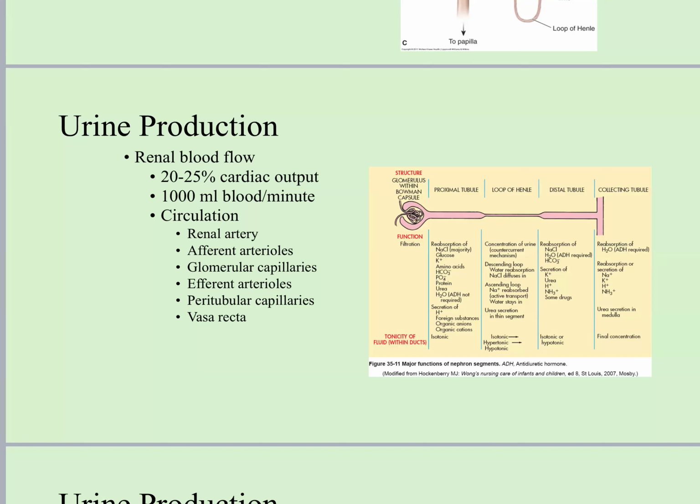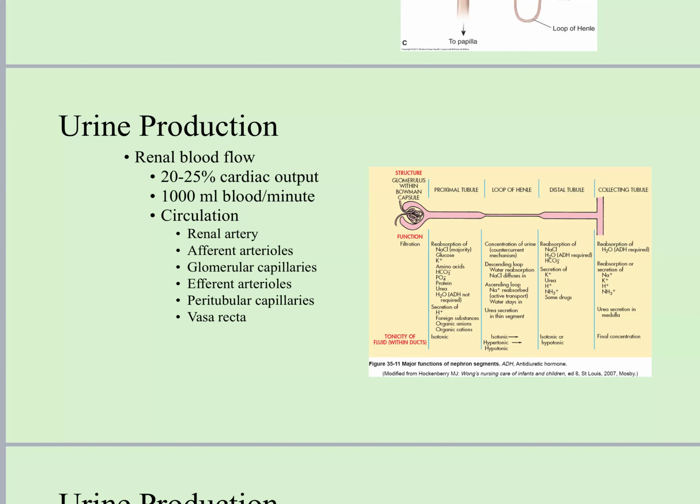Then we have tubular reabsorption, which occurs mainly in the PCT, also the loop of Henle, the DCT, and collecting duct. This is where needed substances such as water, glucose, amino acids, and ions go back into the blood. So 99% of filtrate is reabsorbed back into the body. There is tubular secretion, in the DCT and collecting duct.